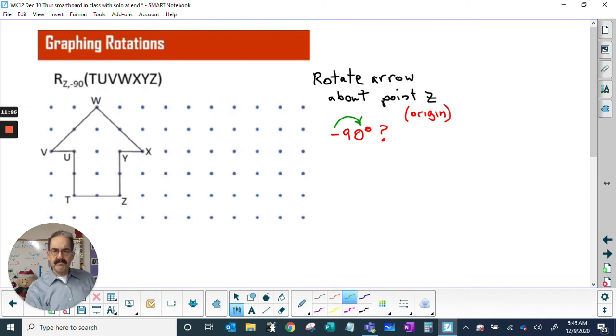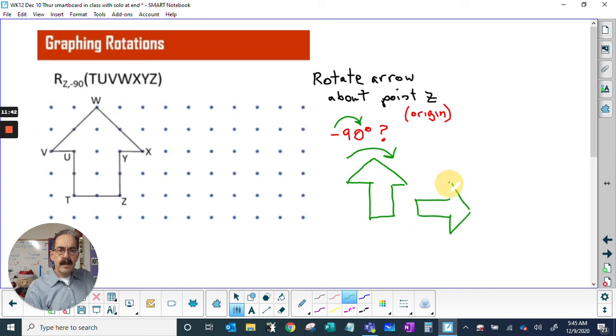So let's pretend. Draw this arrow. Okay? If I'm going to rotate 90 degrees, it's going to be on its side, isn't it? Okay? So we want to take this A all the way up here. As a matter of fact, I like that.